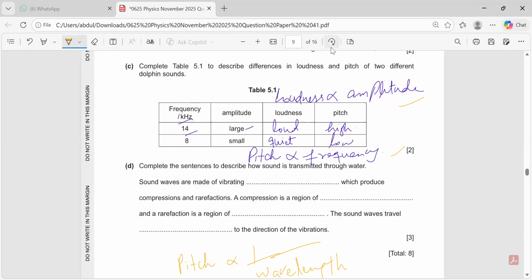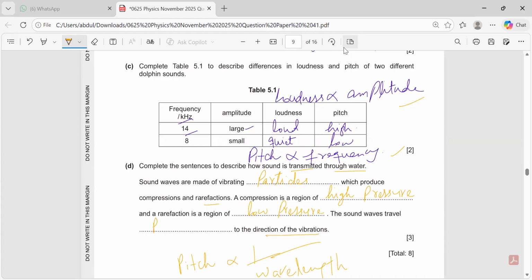Complete these sentences to describe how the sound is transmitted through the water. So sound waves are made up of vibrating particles which produce compressions and rarefactions. A compression is a region of, just recall memory, a region of high pressure, and a rarefaction is a region of low pressure. The sound wave travels blank to the direction of the vibration.